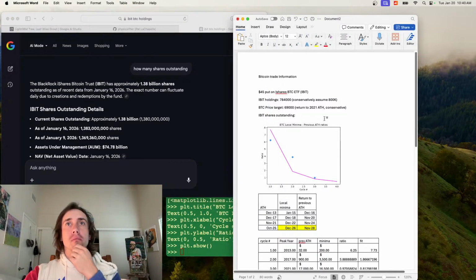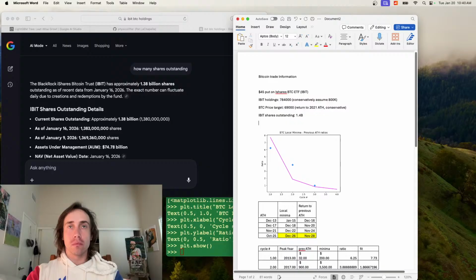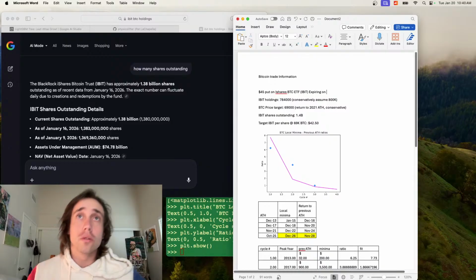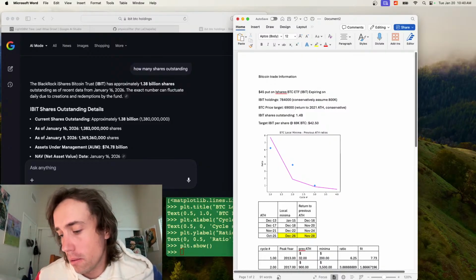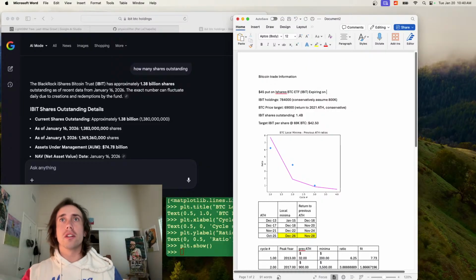$1.38 billion. Pretty sure I did June 2027 should be the expiry. June 17th, 2027.